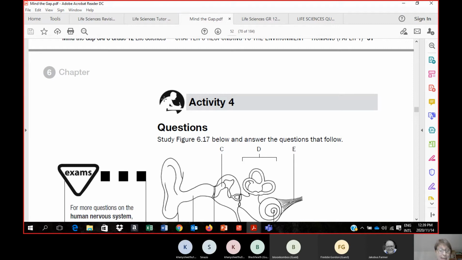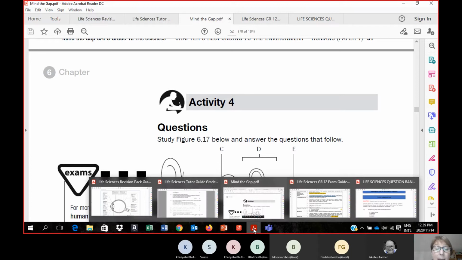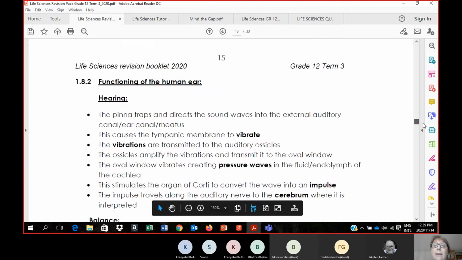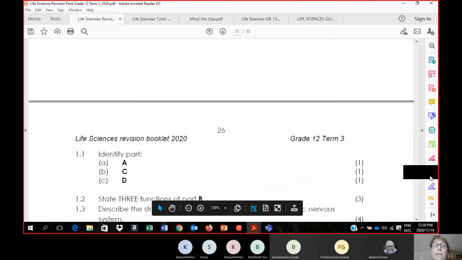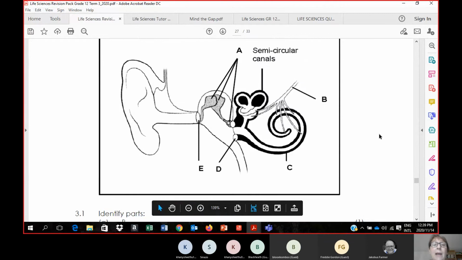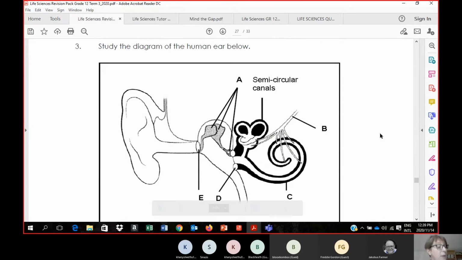Okay, on page 27, question 3. Now let me go there as well. There we go. So we're going to go to page 27. Okay, we've already done a question on the eye. So let us do this question 3 on the ear, right?